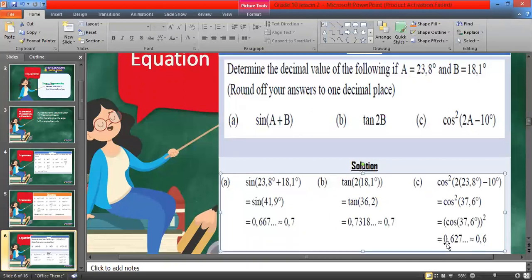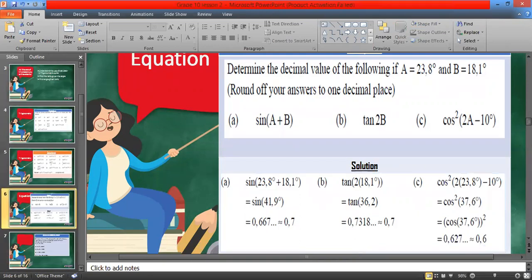When you do that, you're going to have 0,627, and then in one decimal place, it's going to give you 0,6. All right. So that is another thing to learn. We need to learn how to manipulate this. It sounds easy, but it's very important as grade 10 learners to punch it in by yourself and see how it works out.